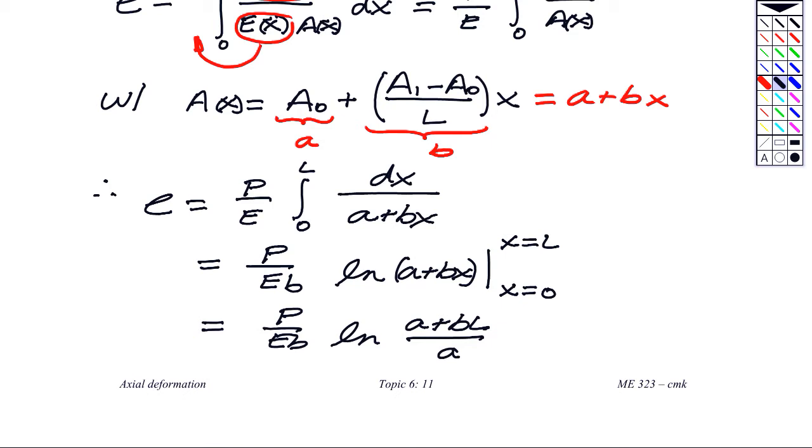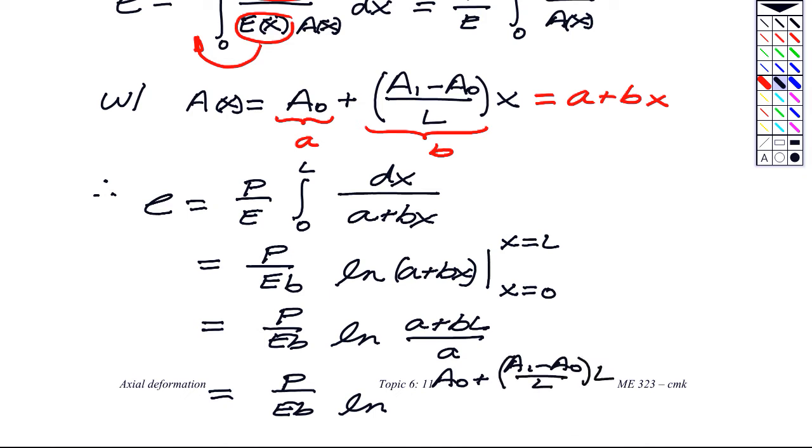So this becomes P over EB, natural log of A, which is A naught, plus B, which was equal to what? A1 minus A naught over L, times L, divided by A, which was A naught.